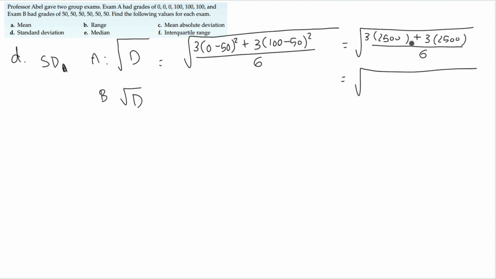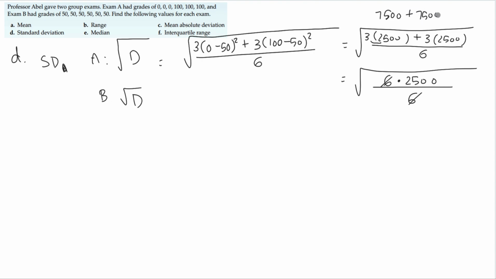Then you can see that this is actually 6 times 2,500. I'm writing this way because I can cancel 6 out. If you want to distribute 3 times 2,500, you can do that. You get 7,500 inside, and you have another 7,500.